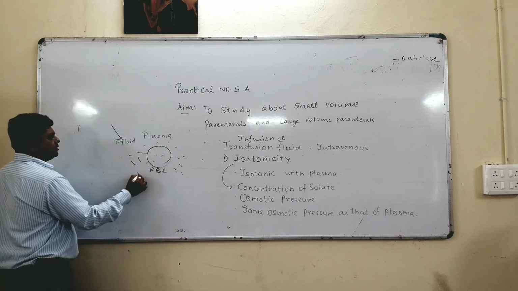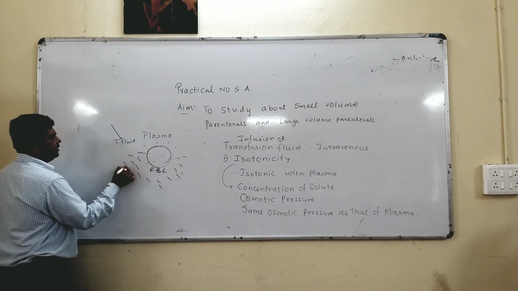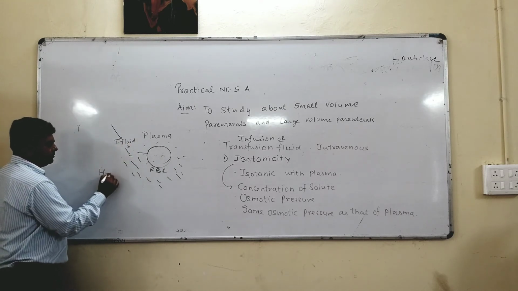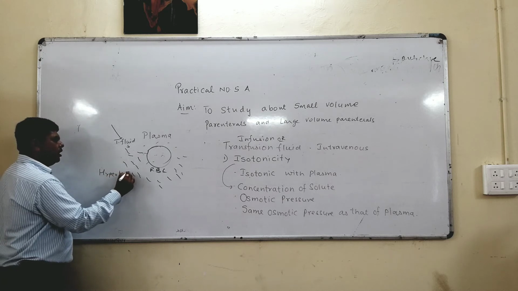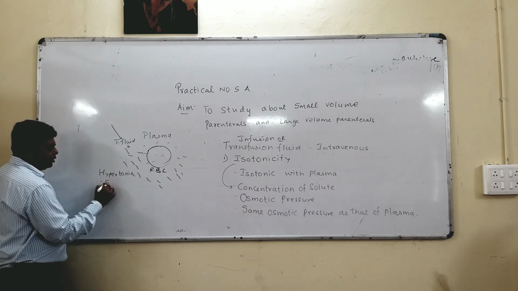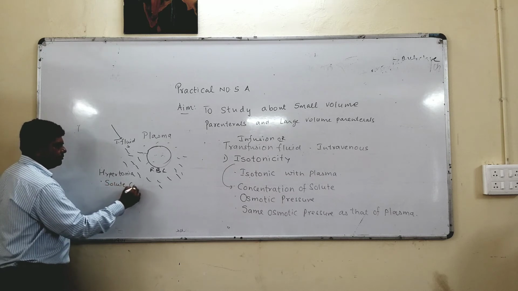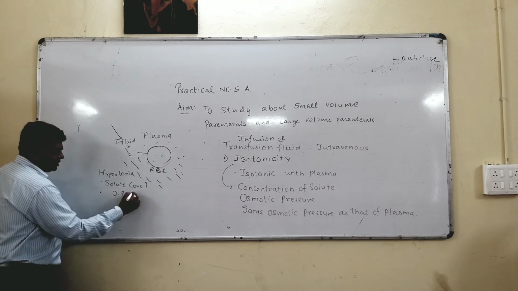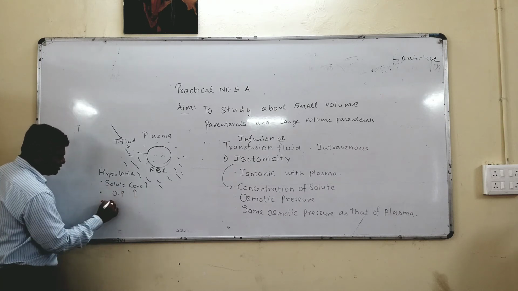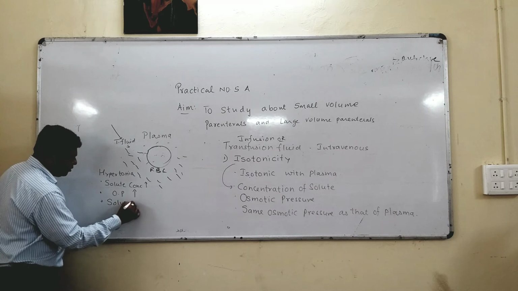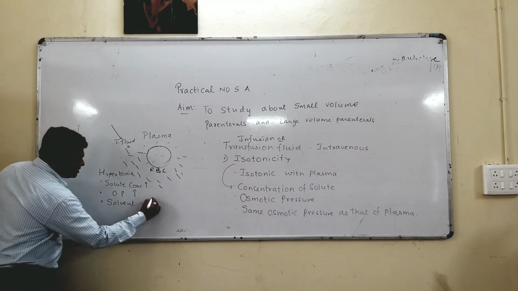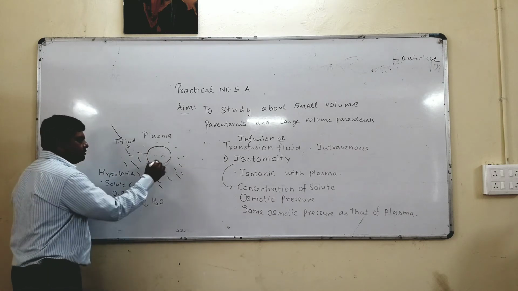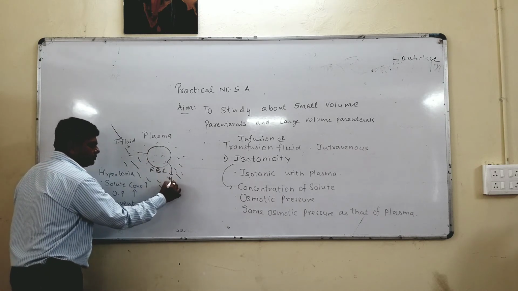Hypertonic means solute concentration is higher, osmotic pressure is higher. Solute is more, so solvent concentration is less. That means H2O is less in the surrounding, and that's why RBC loses water.